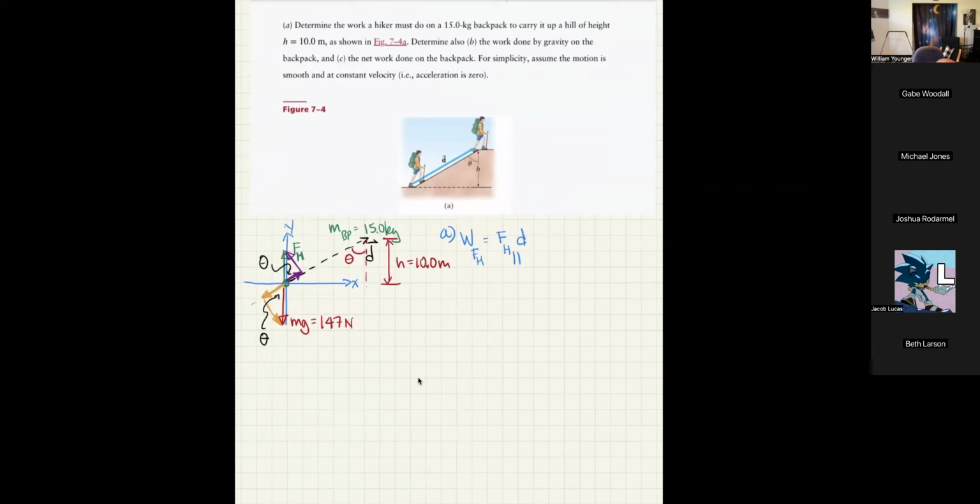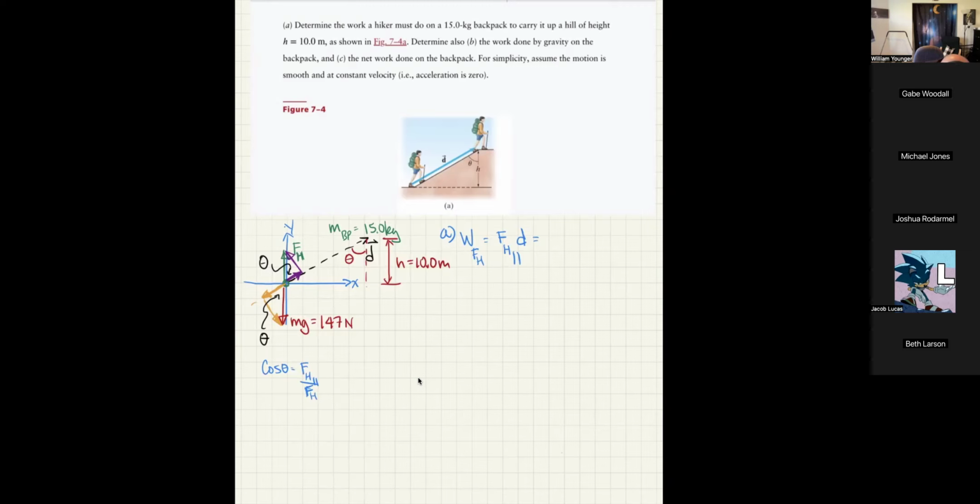I'm going to write that as, let's say, cosine theta is equal to F_h parallel, because that's the adjacent side, divided by F_h, like that. So we can now write F_h times the cosine theta.